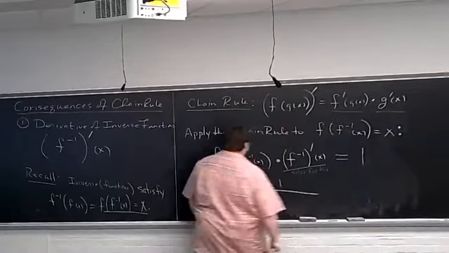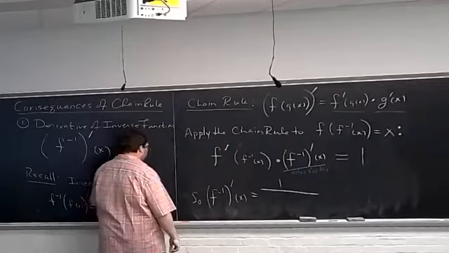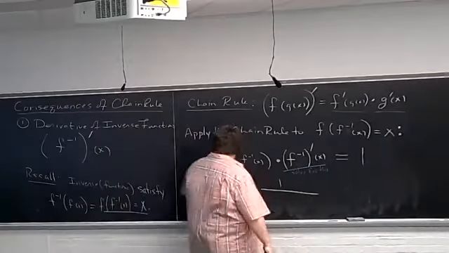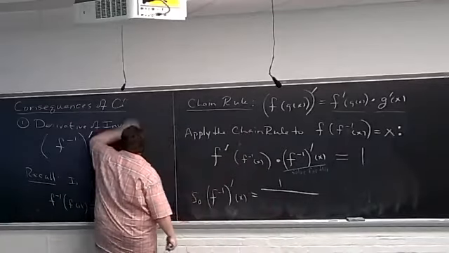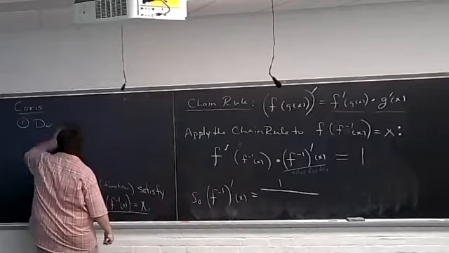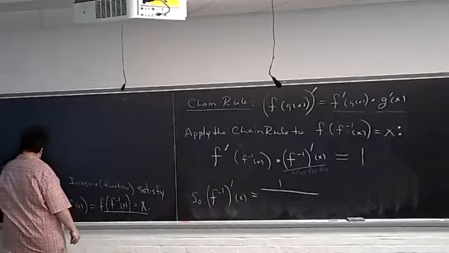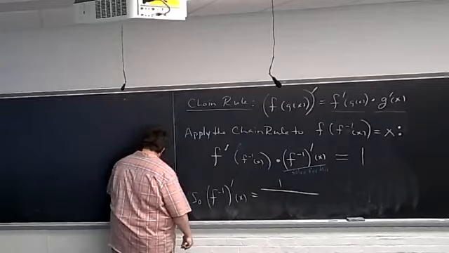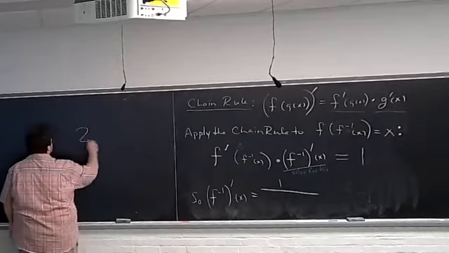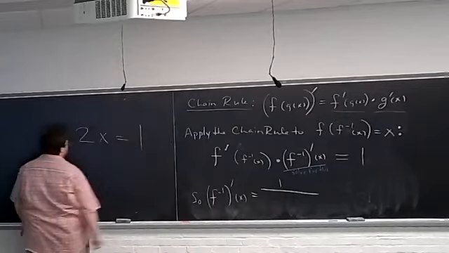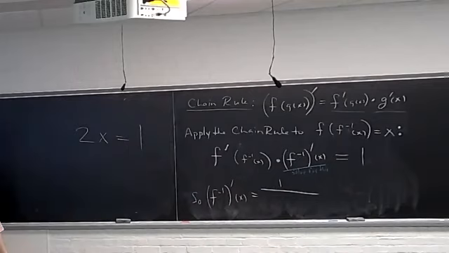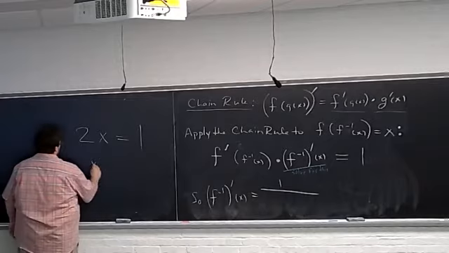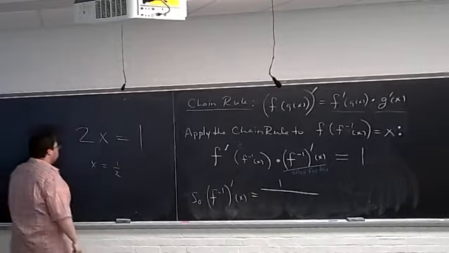How do we solve for this? Well, how do you solve 2x equals 1 for x? You want to solve for x, you notice there's a 2 in the way, so you get rid of the 2 by dividing.